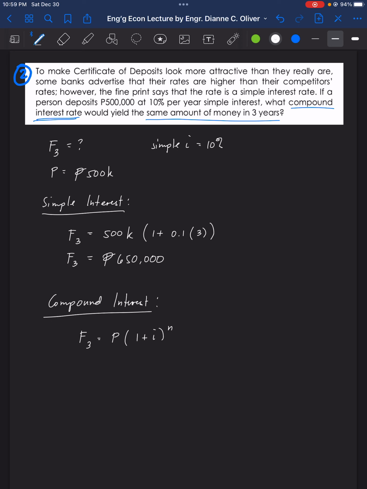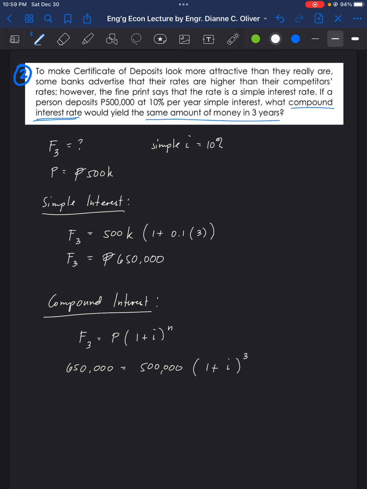So using the same F3, we have now 650,000, using the same P, 500,000. Then 1 plus, we're missing the i for the compound interest rate. Then for the same number of years, 3.